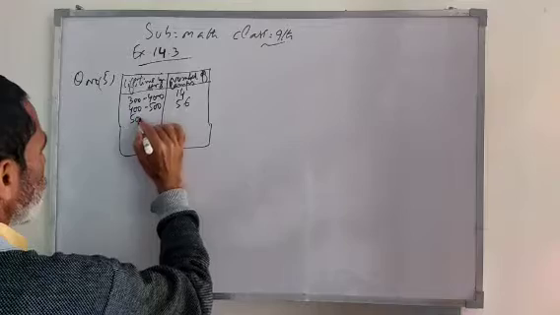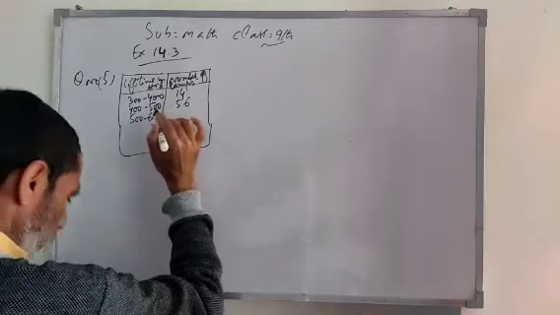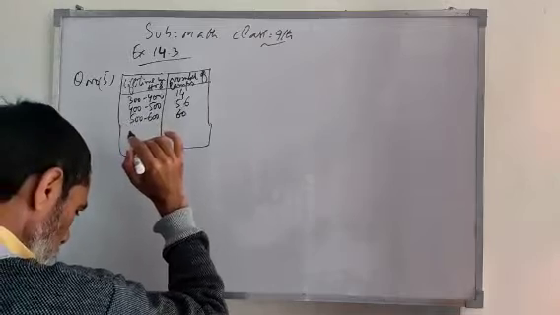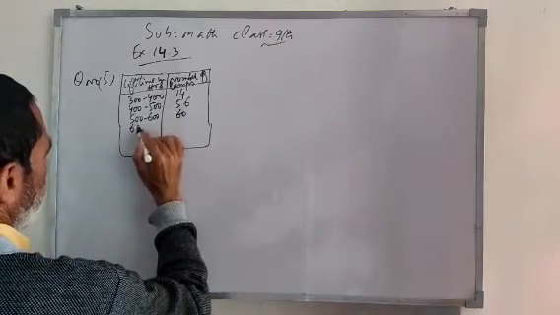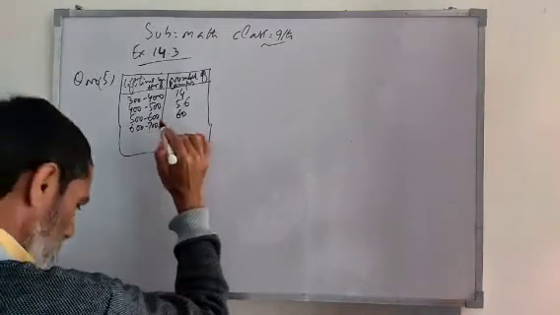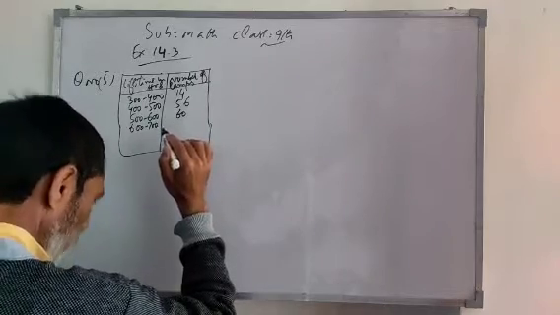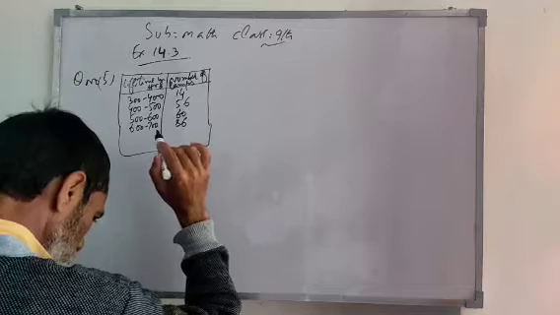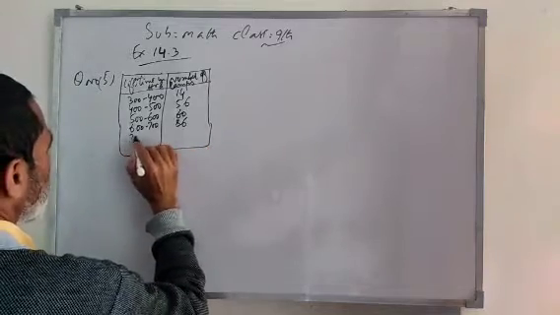500 to 600. In this there are 60. 600 to 700. In this there are 86. 700 to 800.